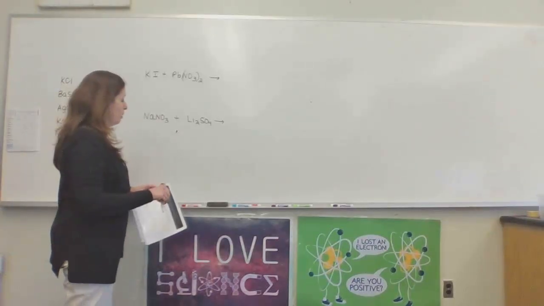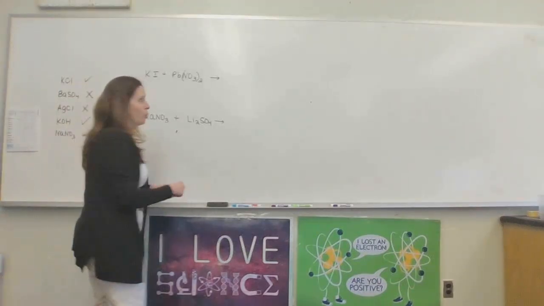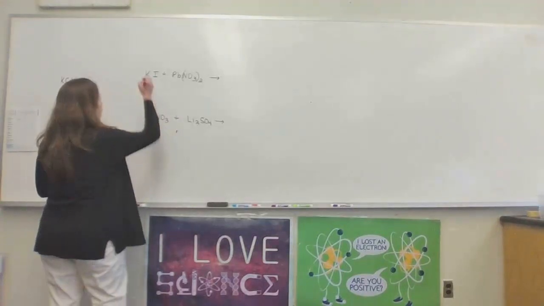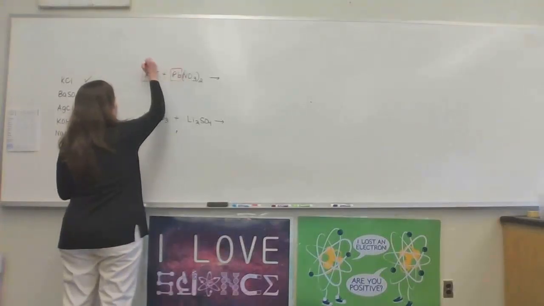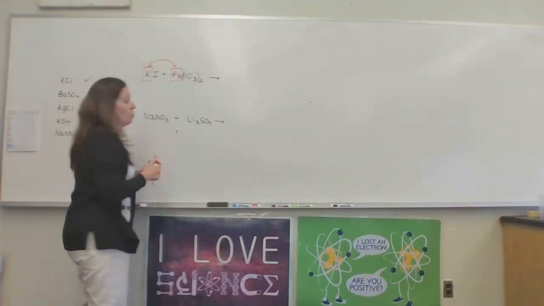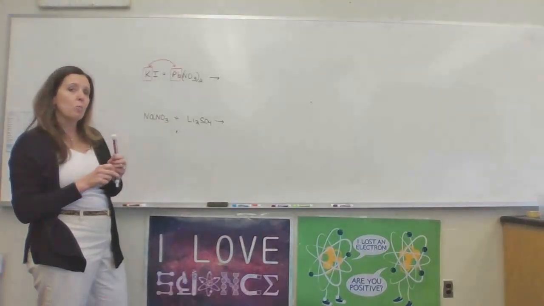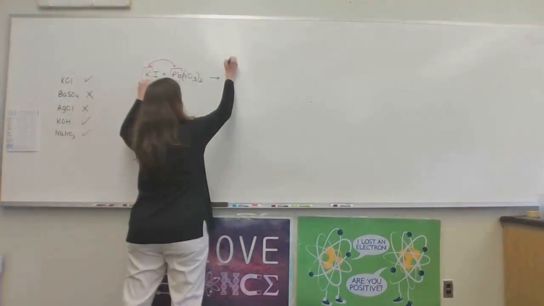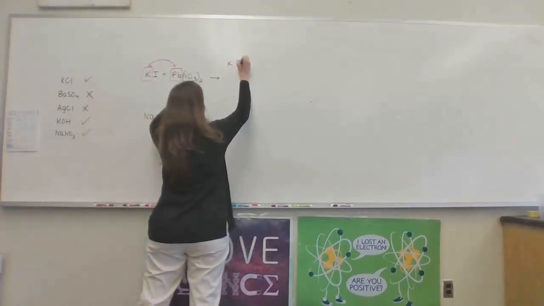So the first thing we want to do is figure out how we're going to do this equation. How do we figure out what we're producing? I think it's easiest if you circle or put a box around your metals, or your positive charges, the first thing there, and they're going to switch partners. That means this potassium is going to switch partners and hook up with that nitrate.